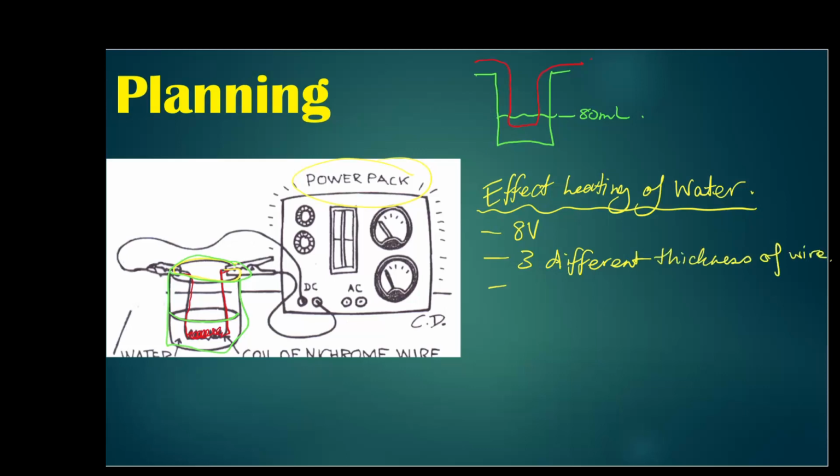You could also think about how long it is. Because remember, this is a resistor, so the longer the electricity has to push through that resistor, the nichrome wire, the more energy it might actually expend or transform.